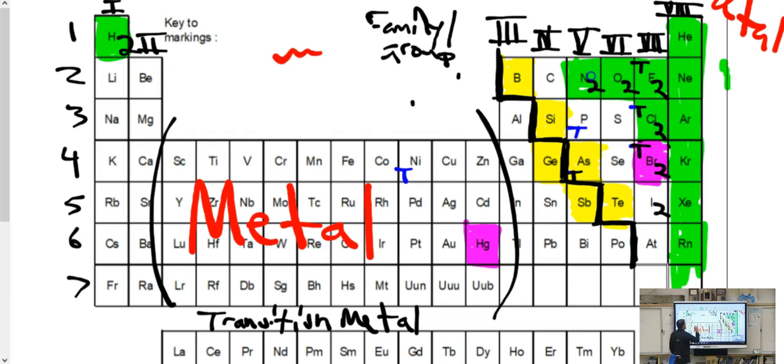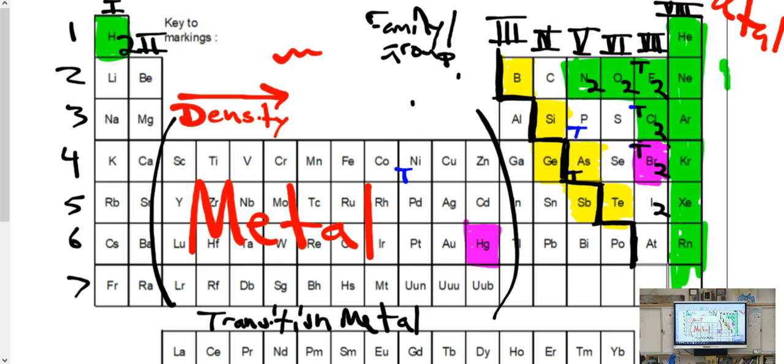All right, so what you're going to do is you're going to have now an arrow in that color, and you're going to write density. Okay, so the arrow in this color is describing the trend for density.